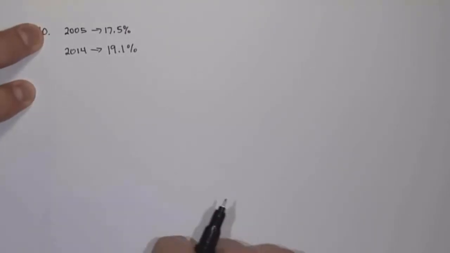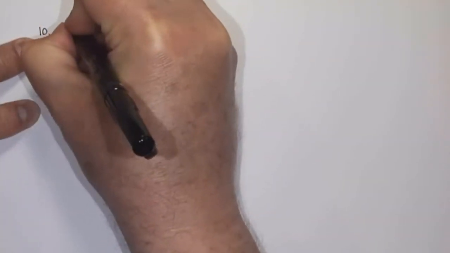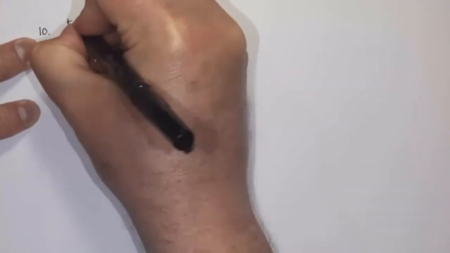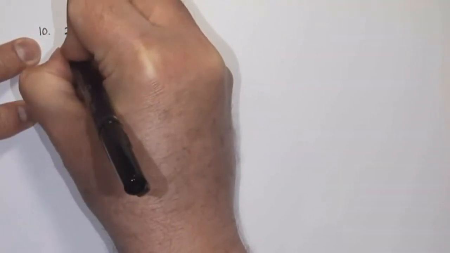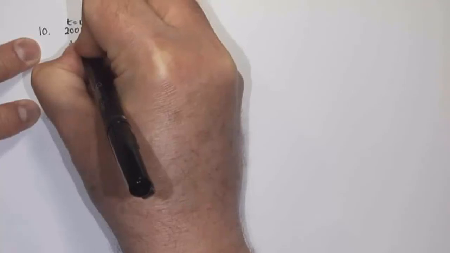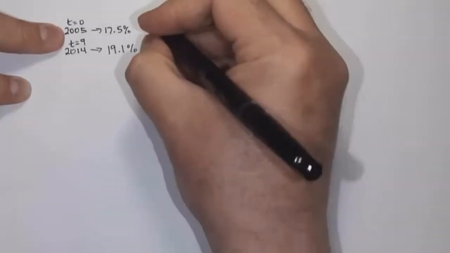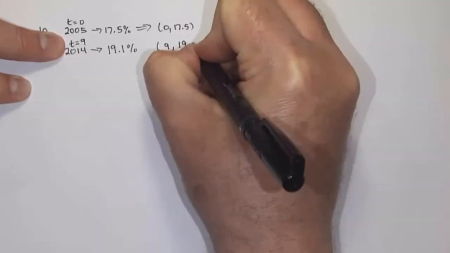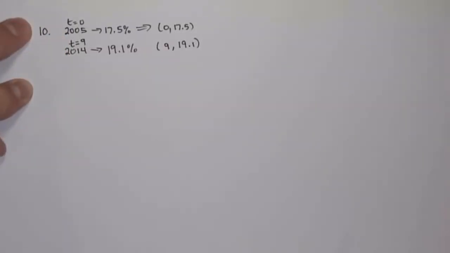Okay? So to model this, in part A, I'm going to call 2005 year 0, and 2014 would be year 9. So I'm going to think of this as the point (0, 17.5), and then this would be the point (9, 19.1).